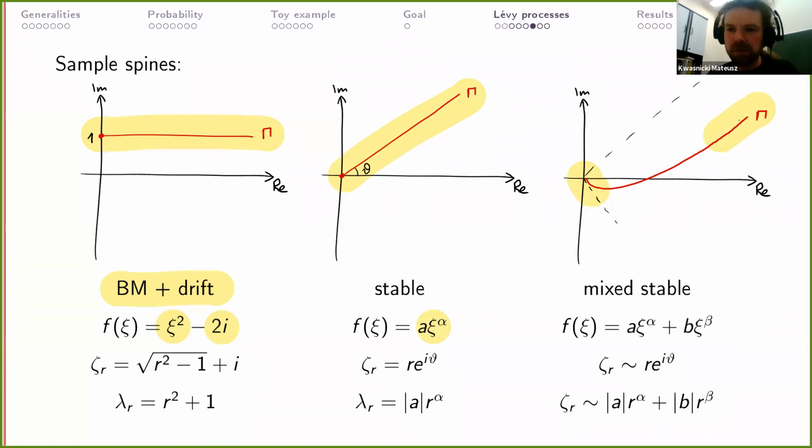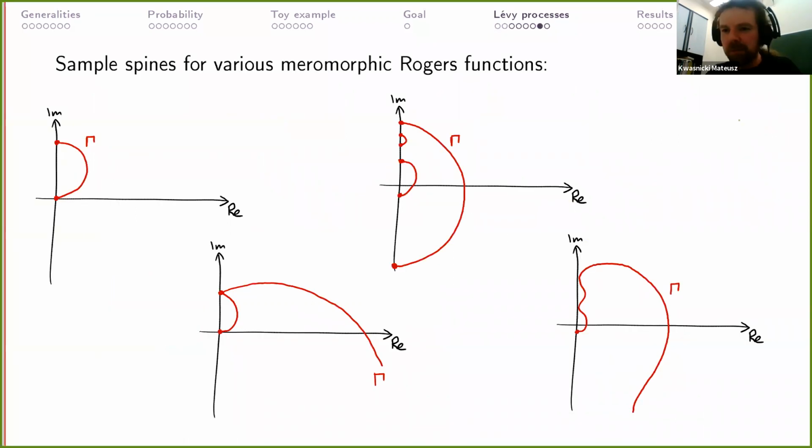In general, it's difficult to see what the spine is for a given function; that requires solving sometimes complex equations. But you can work with some meromorphic functions to construct examples that show, for example, that 1/3 Hölder regularity of f of zeta r is optimal. So for meromorphic Rogers functions, you can really see what the spine may look like.